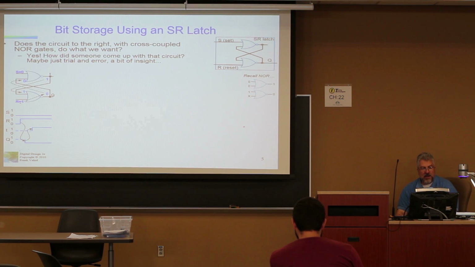Now let us lower R. And what is our output? Well, Q is still going to be 0. By the way, we have a 1 and a 0 here. Notice that a 1 and a 0 gives us an output of still a 0, right? And so we still have a 0 and a 0 here.